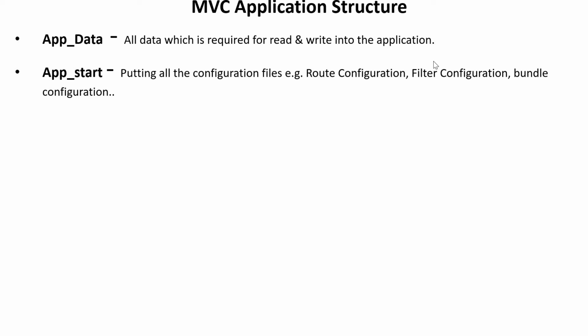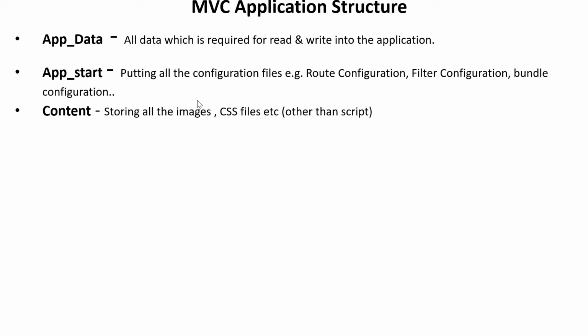And in the filter configuration, we implement, you can say, authentication or authorization, or when there is a need in the application to implement the output caching concept, in that case we go for filtering in the application. So all these configurations can be done in this App_Start folder, right?